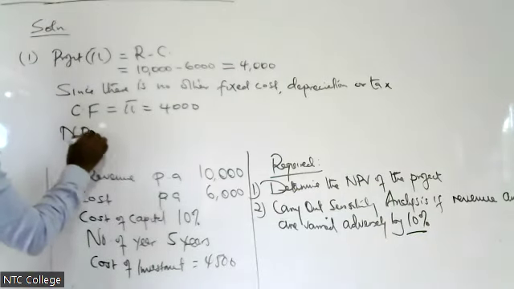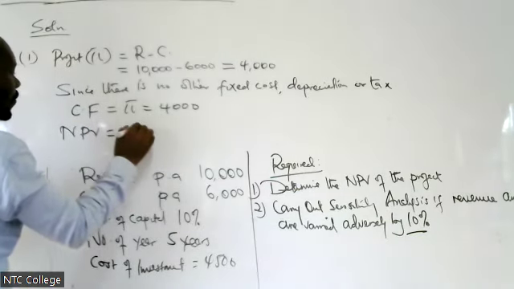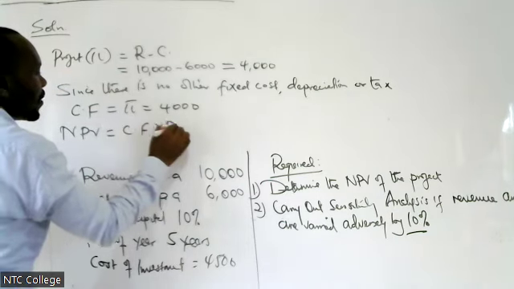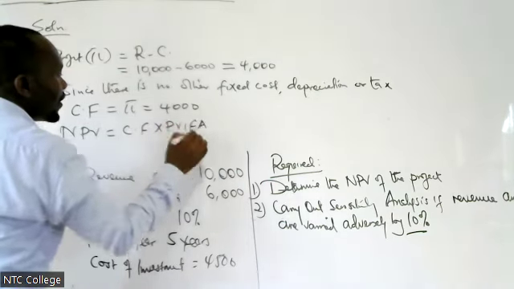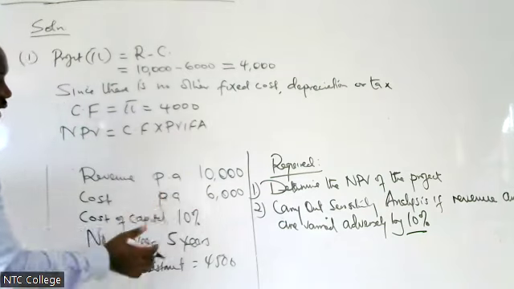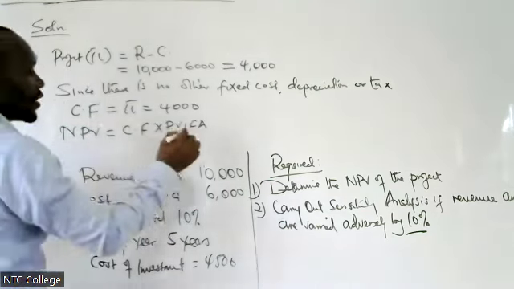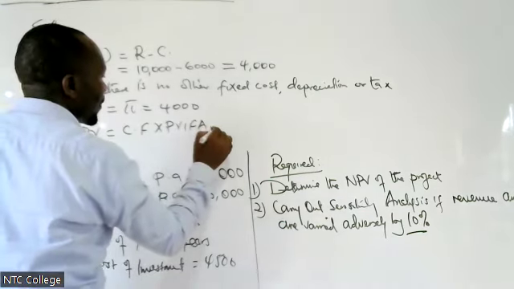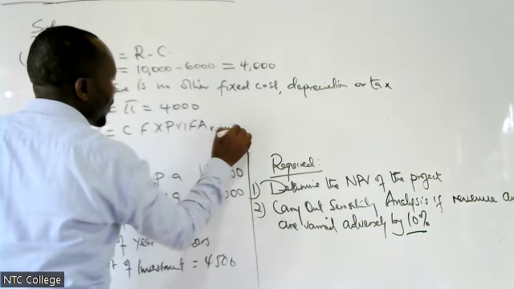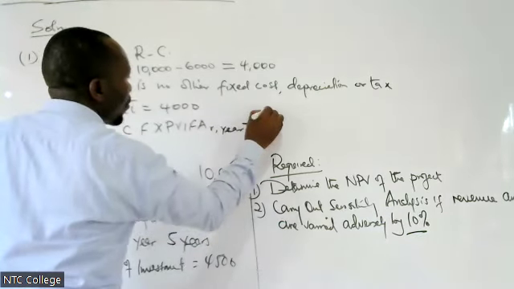NPV is normally the cash flow times PV per. Why is it PV per? Because this one is annual, every year. So it is PV per times the R, that is the percentage rate, and the number of years, minus IO.